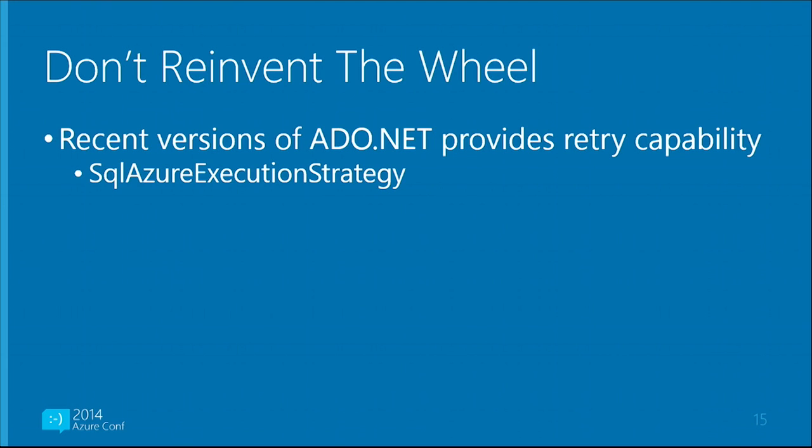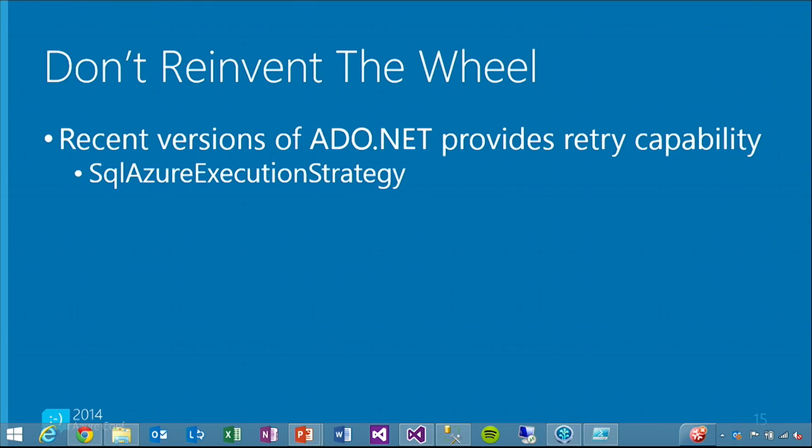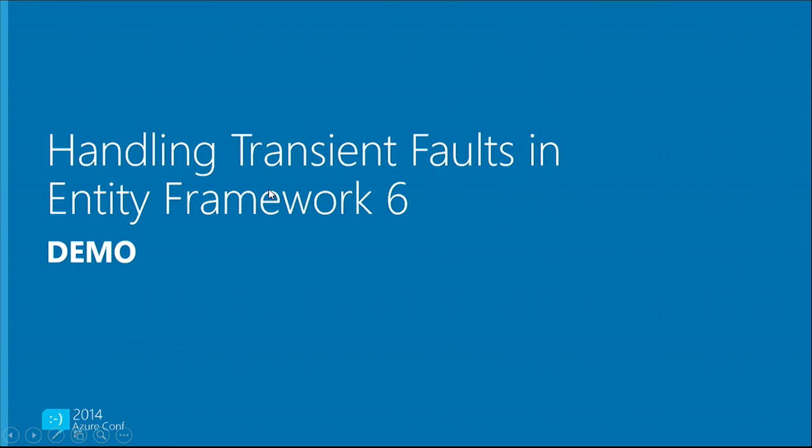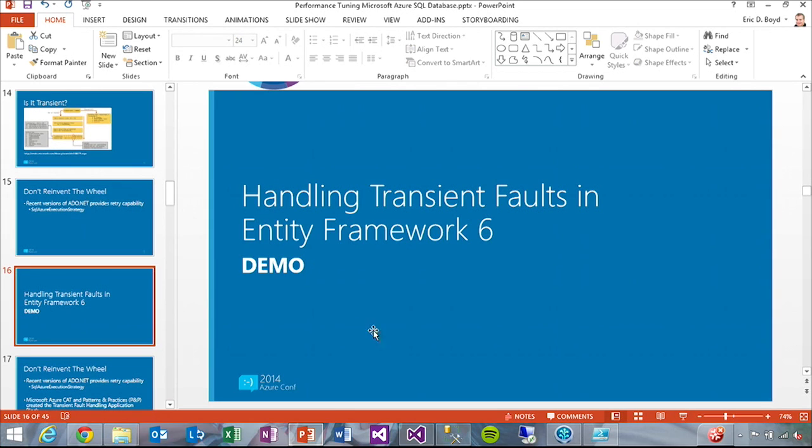So with that, ADO.NET Entity Framework in version 6 provides a new class, SQL Azure Execution Strategy, that will allow us to take a look at and retry any sort of transient errors that occur. So with that, let's go over to Visual Studio.